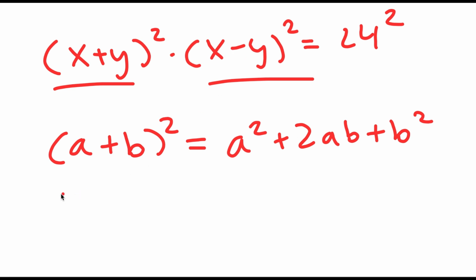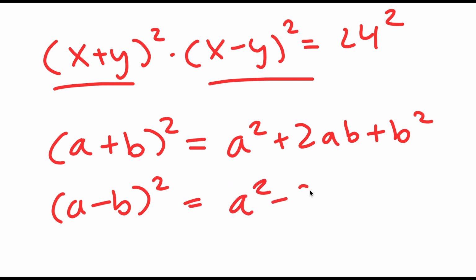I'm also going to use the property for a minus b squared, and by the way, this is for x minus y squared, which is equal to a squared minus 2ab plus b squared. It's essentially the same thing, except the 2ab is negative instead of positive.